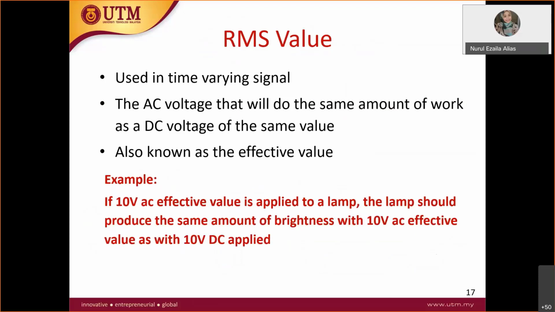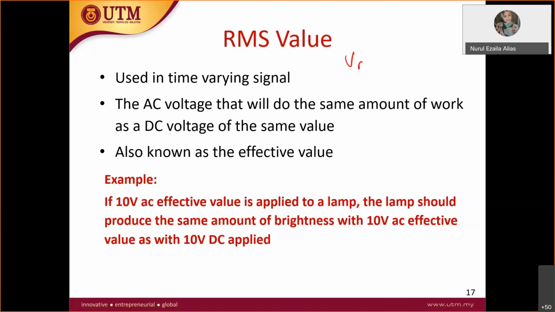Other than that, some transformers give you a normal voltage, for example 110 volt with 60 hertz frequency. Some transformers will give you the RMS value, root mean square value, which is used for time varying signals. But this RMS value you can convert.